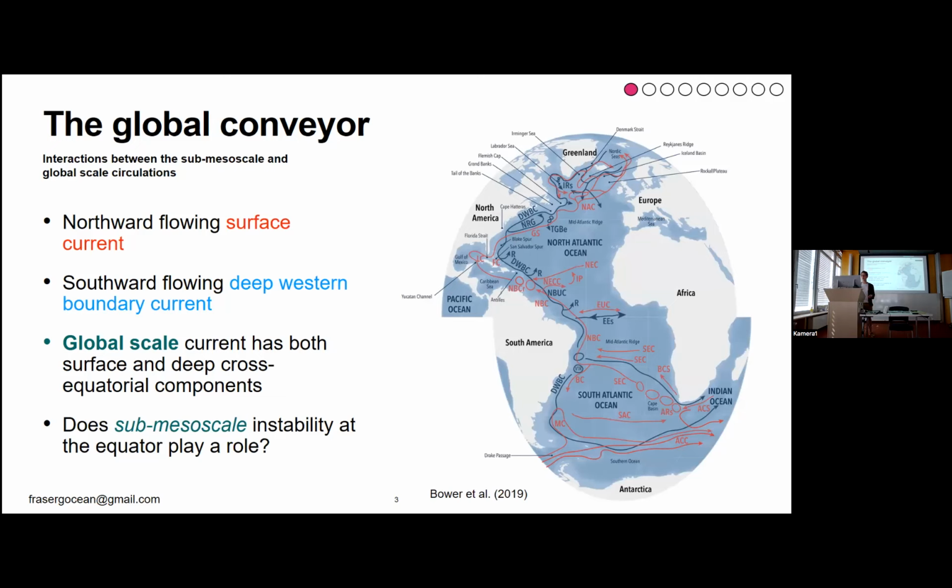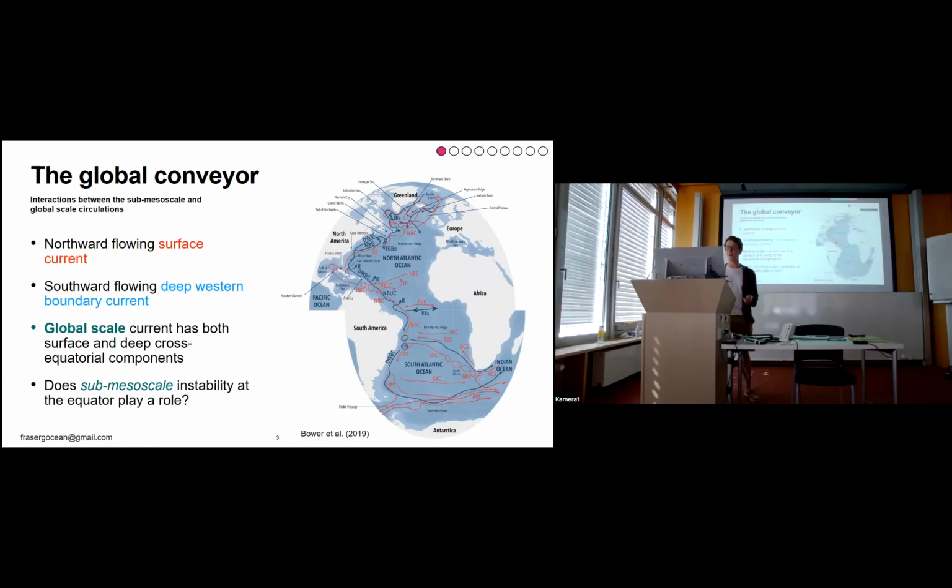It's made up of lots of different components: we've got western boundary currents and interior circulations, and all sorts of other processes are important. In particular, in recent years, we've started to understand a bit more the role of mesoscale eddies and mesoscale processes on variability in this current.